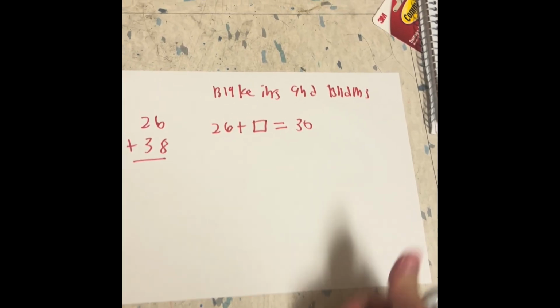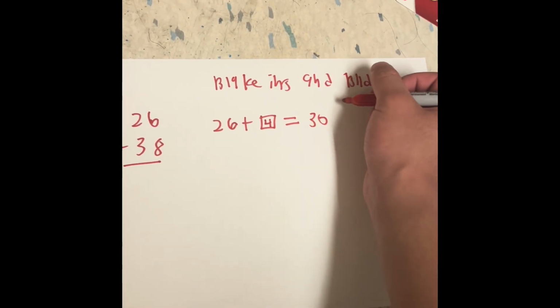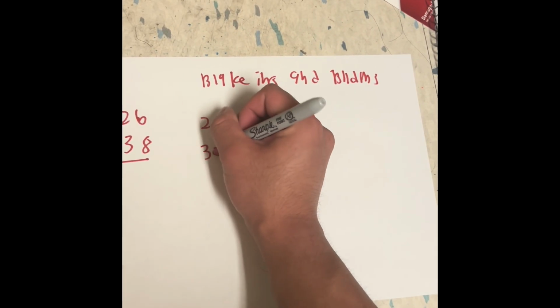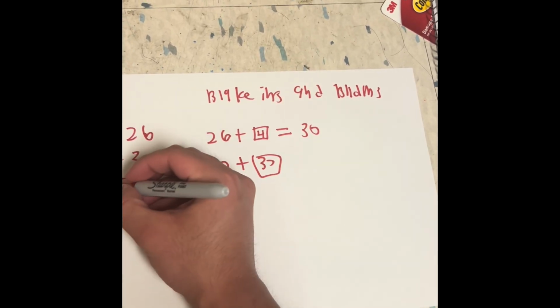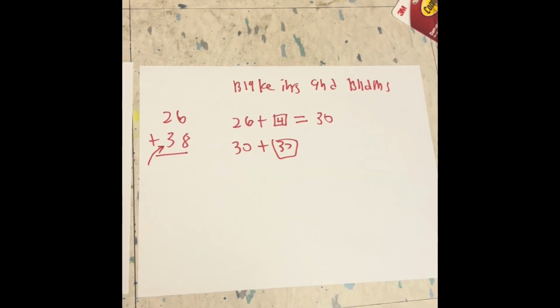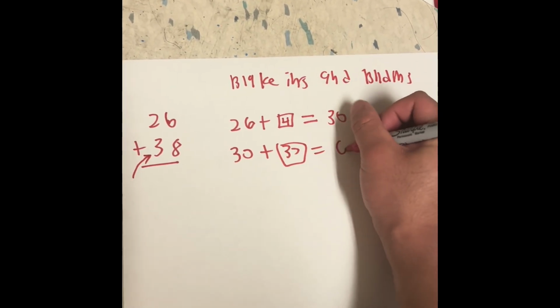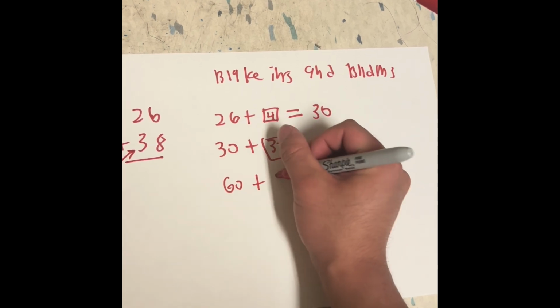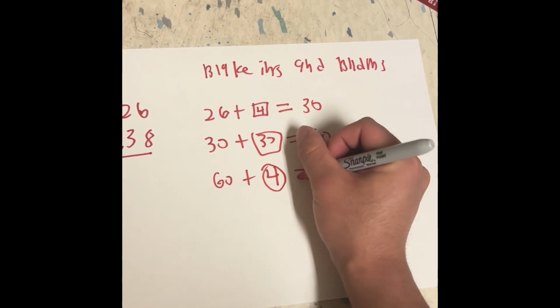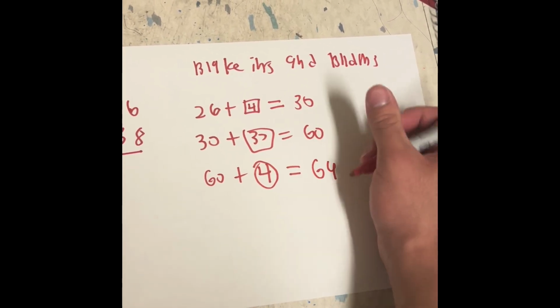So 26 plus 4 equals 30. 30 plus 30, because that represents the 3 in the 10s place, is going to equal 60. And then 60 plus 4 is going to equal 64.